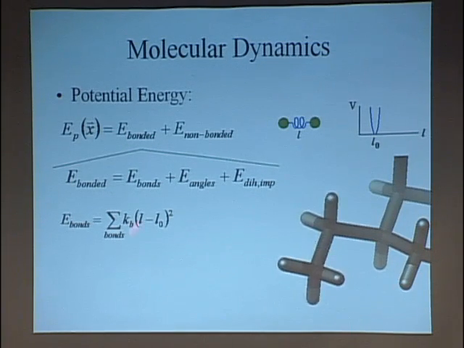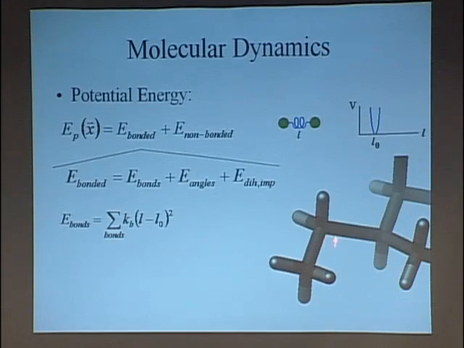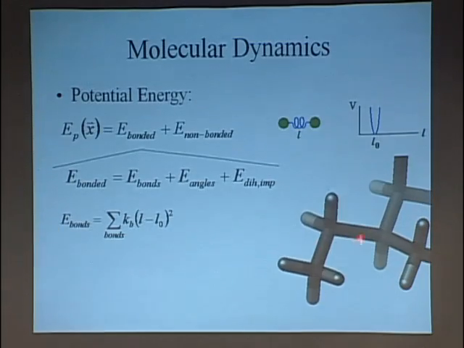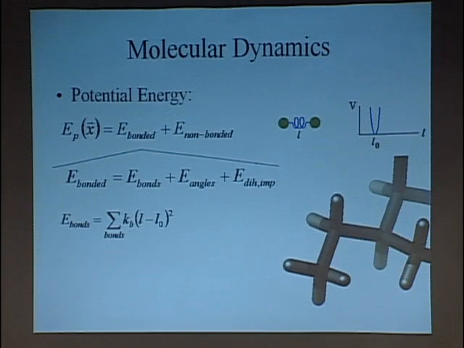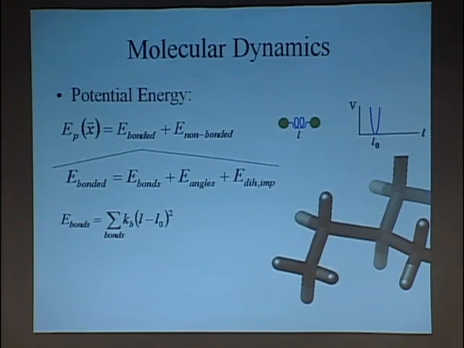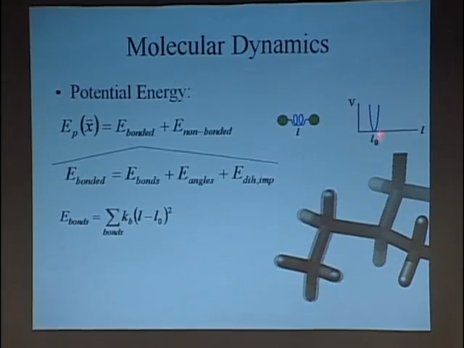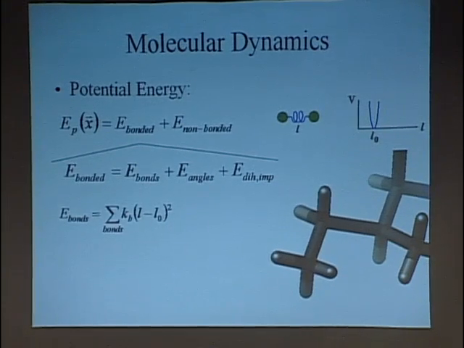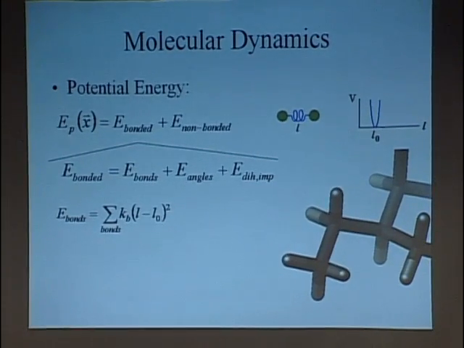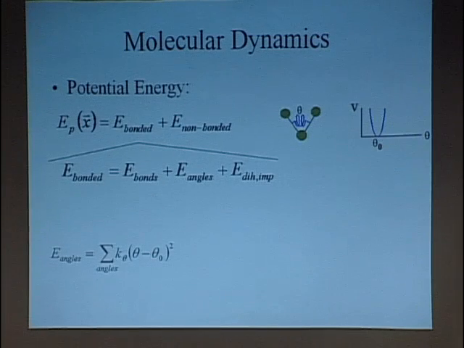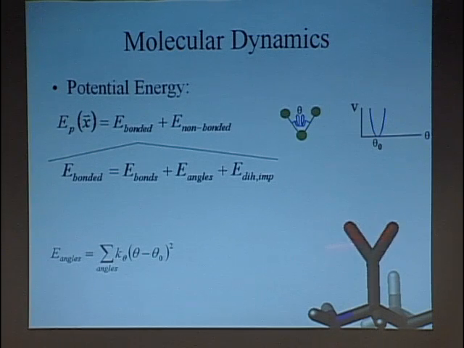So for example, the bonds term reflects some energy due to a displacement between two atoms, which are a certain distance apart. There's an equilibrium distance that they like to stay at. And if they vary from that distance, the potential increases as the square of that separation distance. The angles term represents basically the deviation from an equilibrium angle between three atoms.